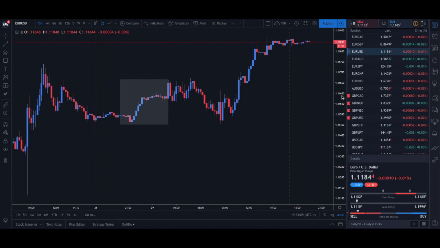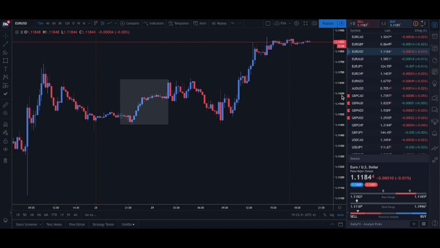If not, it offers us a continuation from the London session, if we're in a trending market. So it doesn't always give us a reversal; sometimes it gives us a continuation trade.